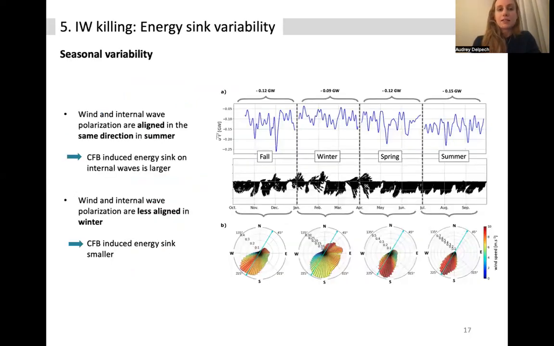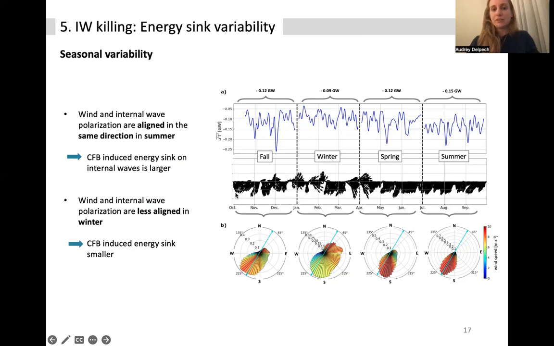These figures represent U prime tau prime as a function of time for the different seasons, and the numbers above this chart represent the average for each season. What you can see is that on average, the wind work is smaller in winter and larger in summer.